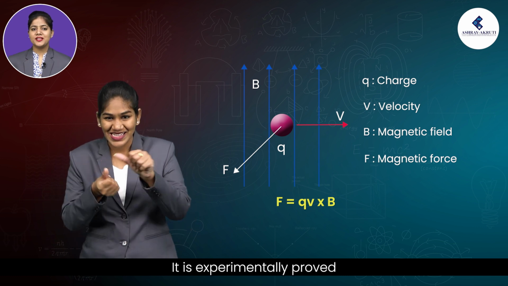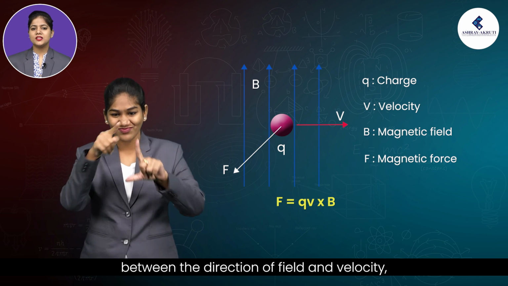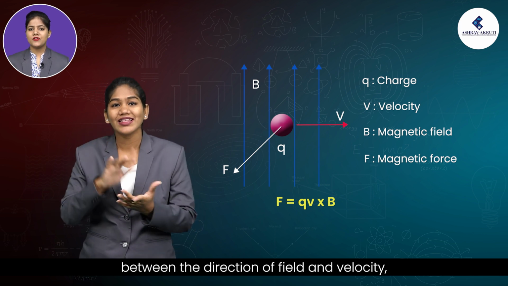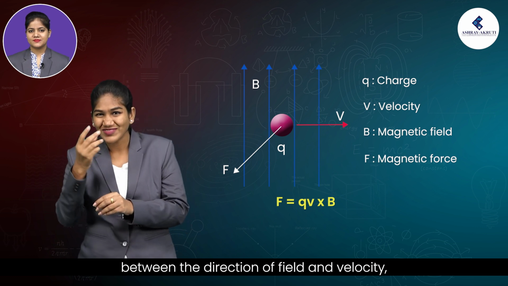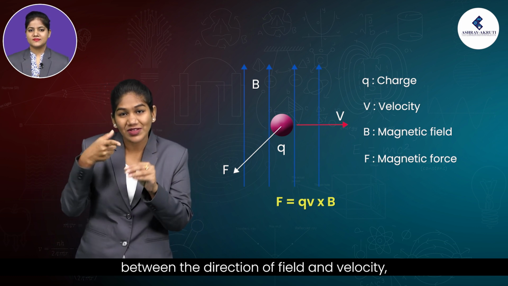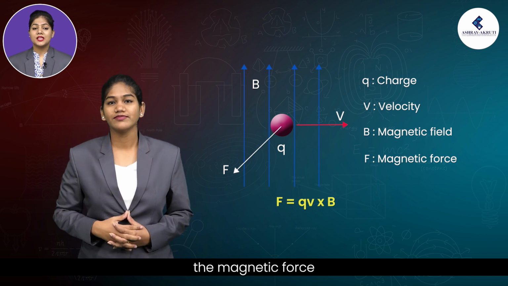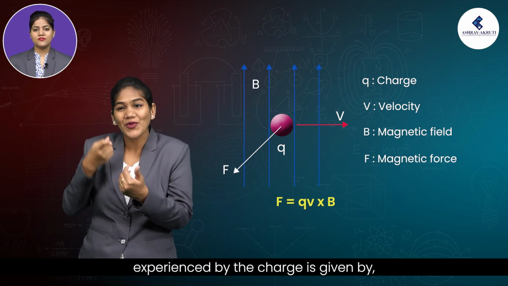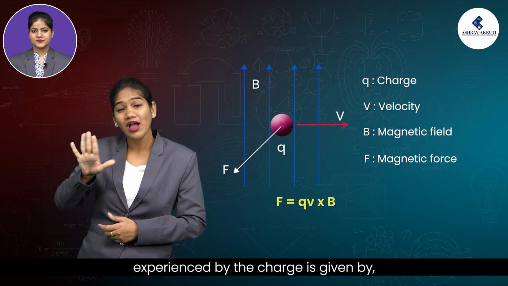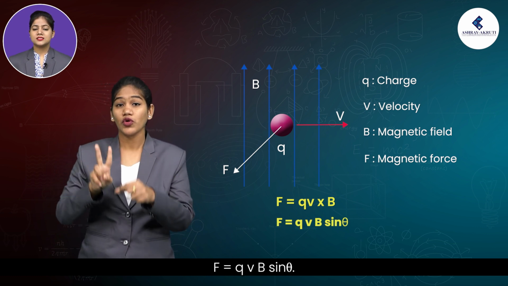It is experimentally proved that when there is an angle between the direction of field and velocity, the magnetic force experienced by the charge is given by F is equal to Q V B sin theta.